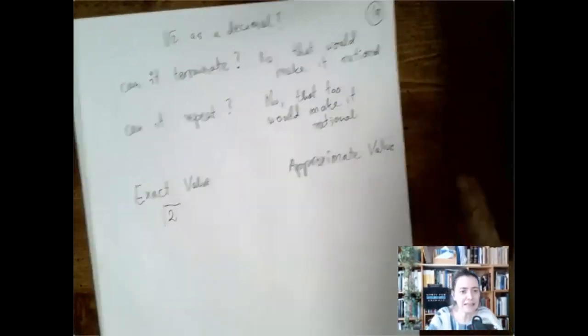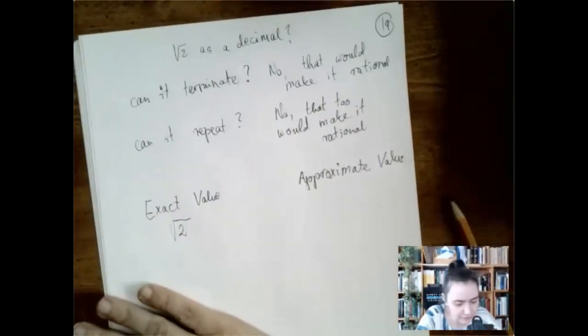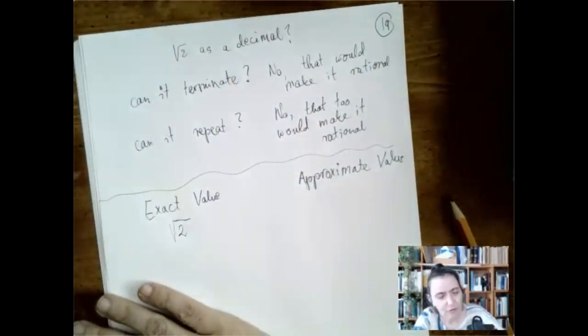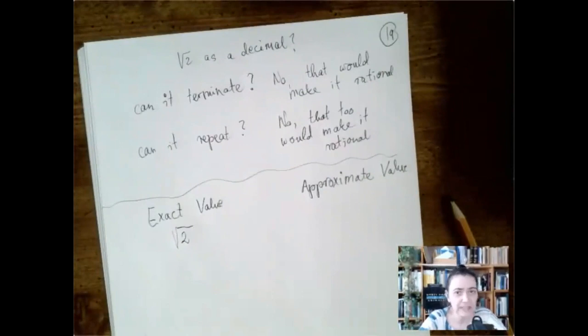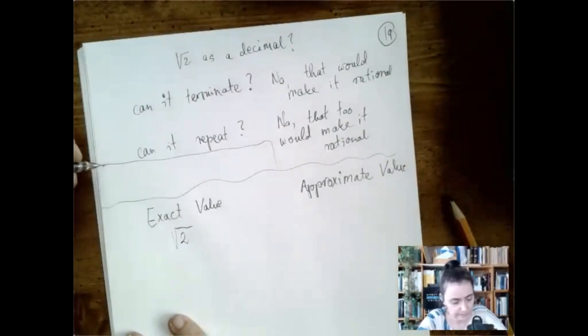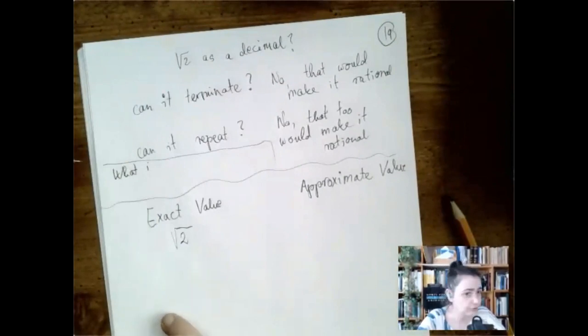Now, any approximation, because I'm sorry, I forgot to say, what kind of a decimal presentation is left for square root of 2? It's terrible. It's non-terminating, non-repeating. Right? Because terminating means rational. Square root of 2 is not rational. Repeating also means rational.